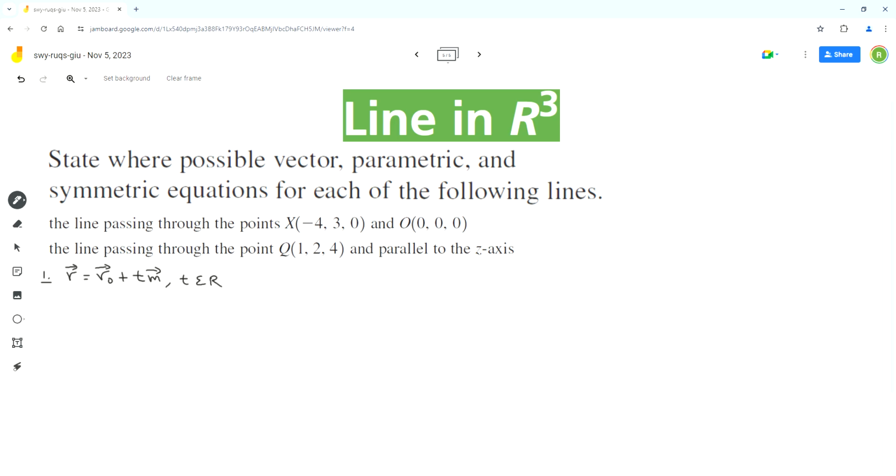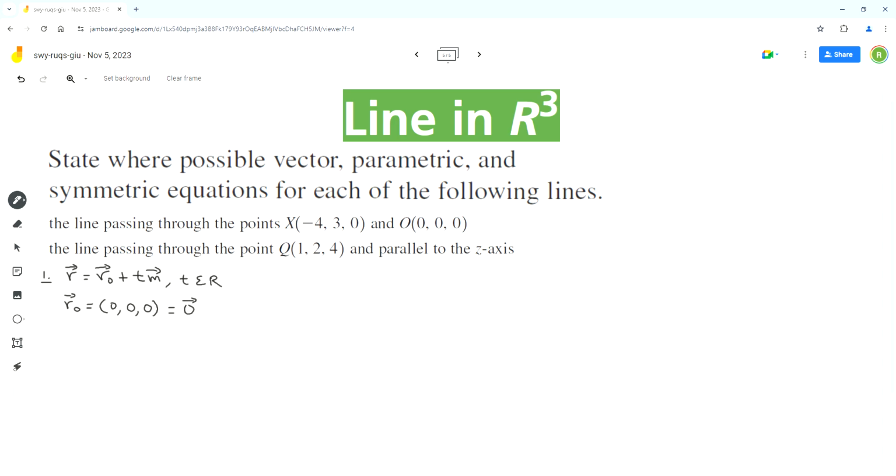line. Now we are given that the line passes through points X and O, so we can use point O for the position vector r0. Since all three components of this vector are equal to 0, this is a 0 vector.